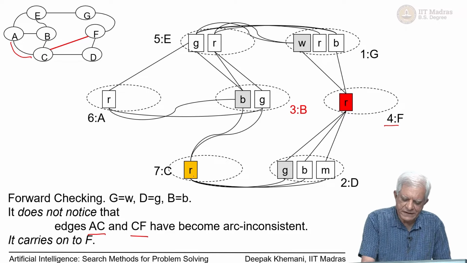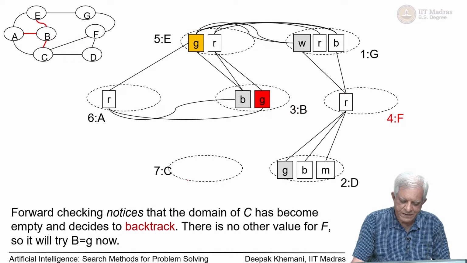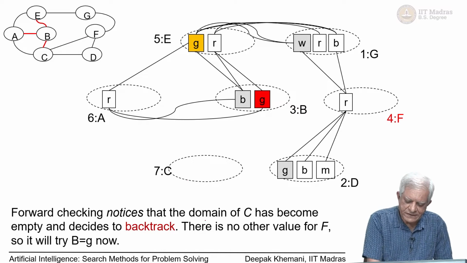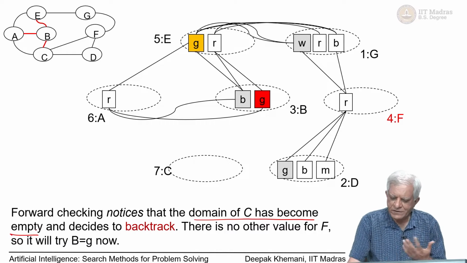But at this point the domain of C will become empty, right. So, it notices that the domain of C has become empty, and so it has to backtrack.